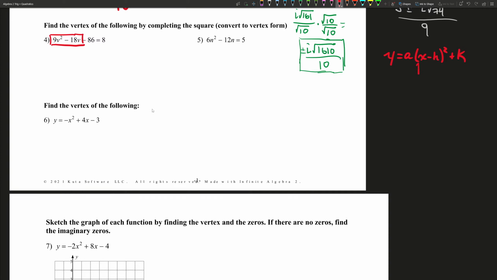So what we need to worry about is we need to factor out this 9 from these two terms. So if we do that, we get 9 times v squared minus 2v, and then everything else just stays the same. And then we need to complete this square inside the set of parentheses. All right, so I'll make our box, which is going to look a little bit small right now.